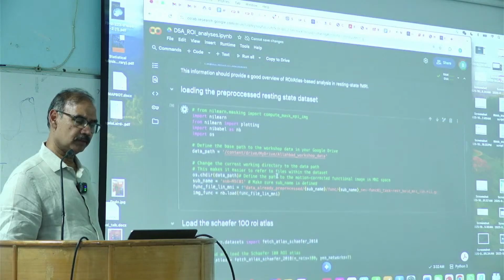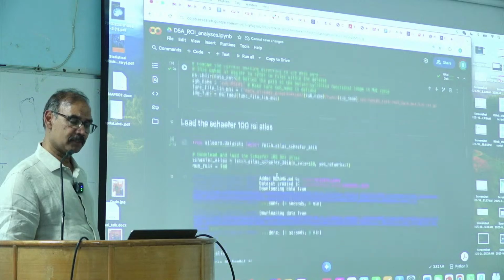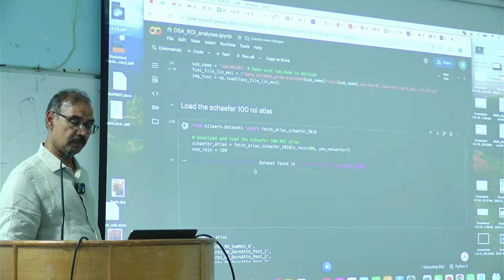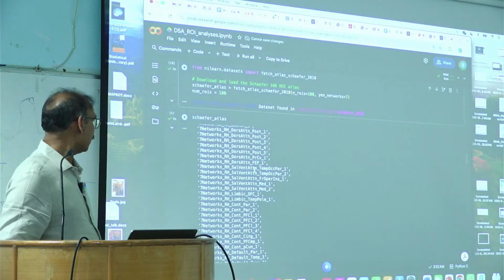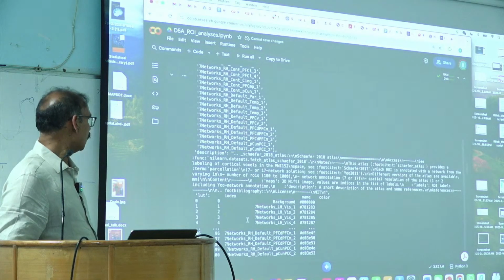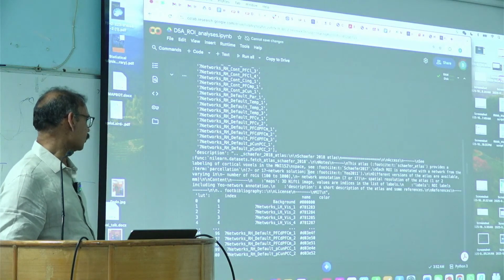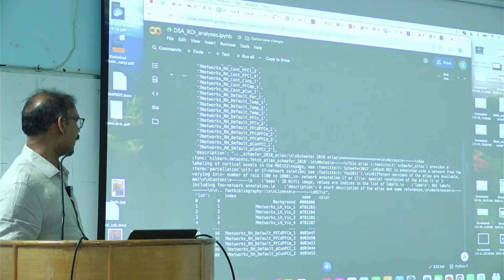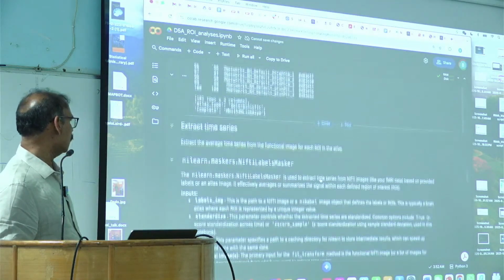So again, I had asked you to do this. We use the Schaefer Atlas, and these are the regions. In this case, you can also have the Yeo Atlas. You can also decide how many ROIs you want, right?